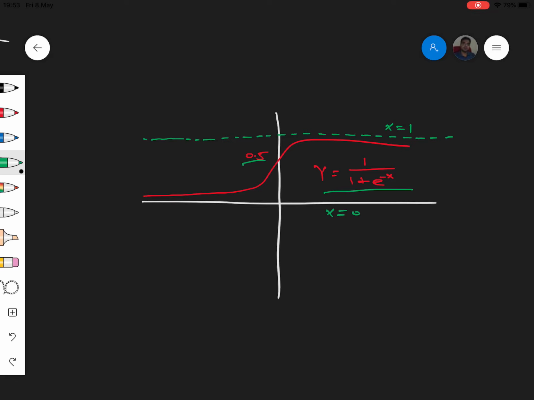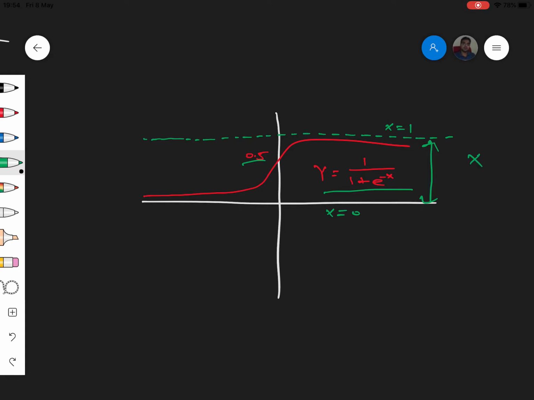Like I explained with the example of classification of people, if we provide the feature in this function, 1 upon 1 plus e to the power minus x, where x is the feature, it will evaluate some value of y, mapped between 0 and 1. This 0.5 is taken as a threshold value.